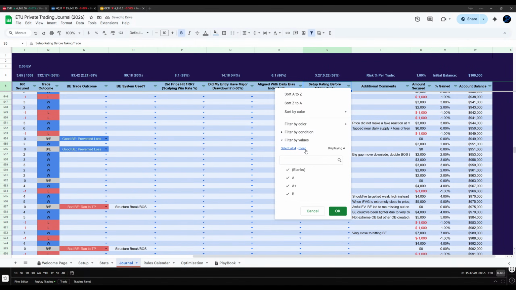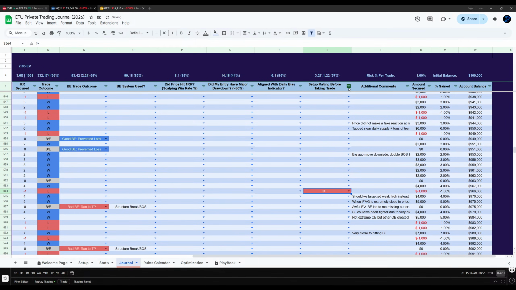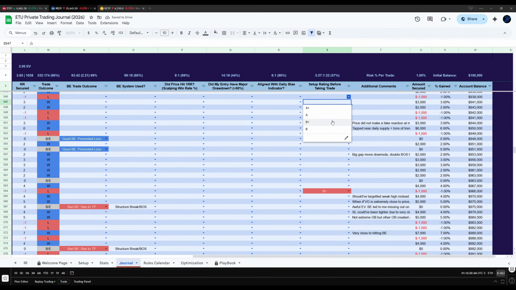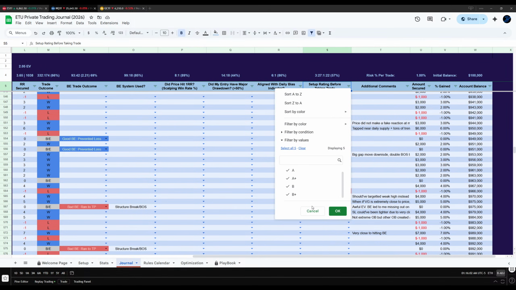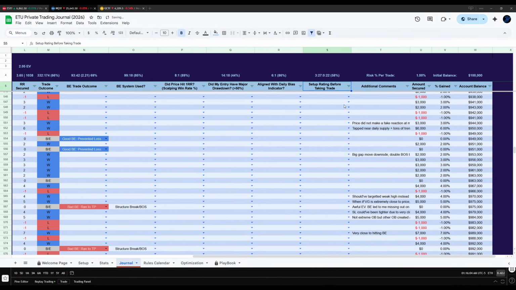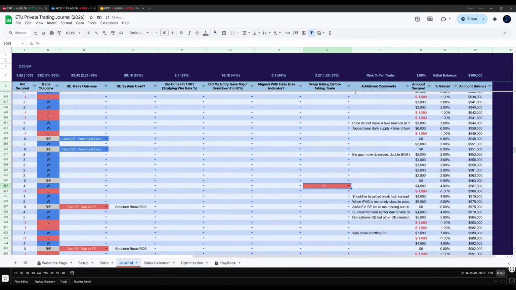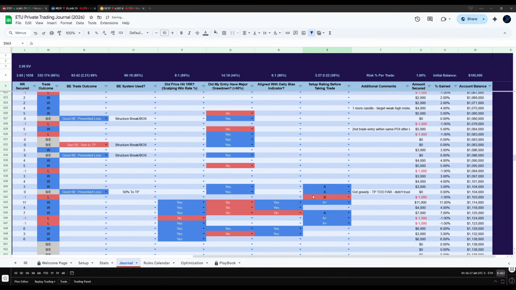It's not here. That's so weird. Excel glitching? Oh, I'm dumb. It's because I don't have a B plus trade in here yet. Now it should show up. There it is. B plus. Okay, there we go. It's fine now.